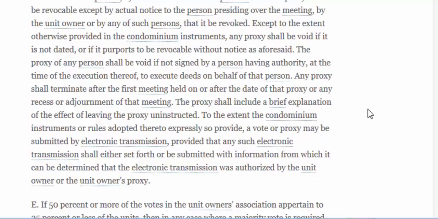And with our particular HOA, our property management company states that they will send you this proxy form when they notify you of a meeting or a special meeting that requires a vote. And they also request that you send your proxy back to them. So, is it lawful? Not according to law.